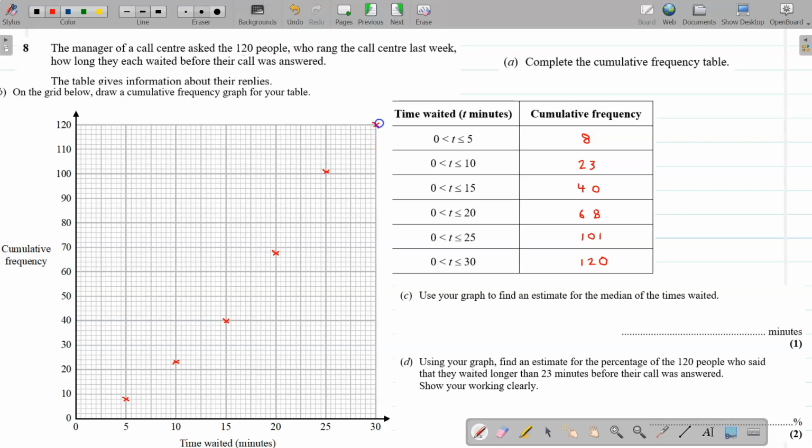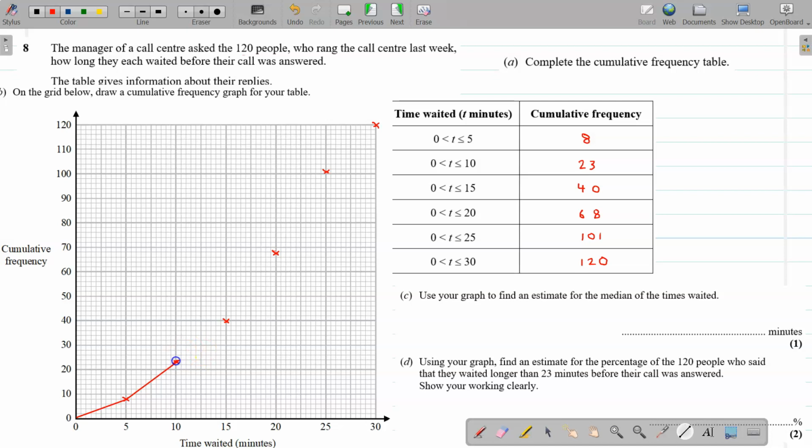Okay, now you've got a choice here. You can either join them together with a smooth curve that must visit every cross, it must go through every point, or you can do a series of straight lines. I'm going to do that because using this drawing tablet and pen, it's very difficult to draw a smooth curve touching all those crosses.